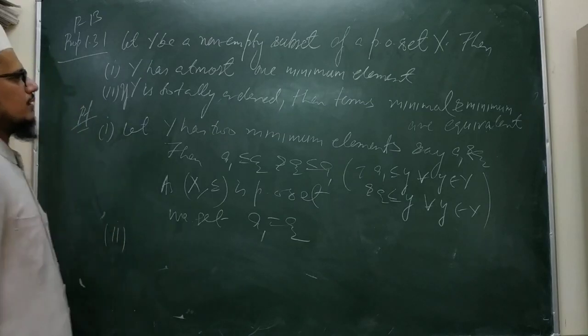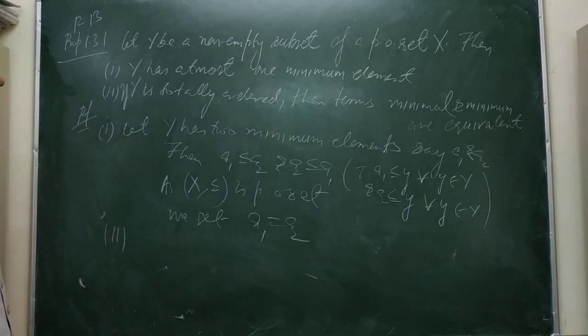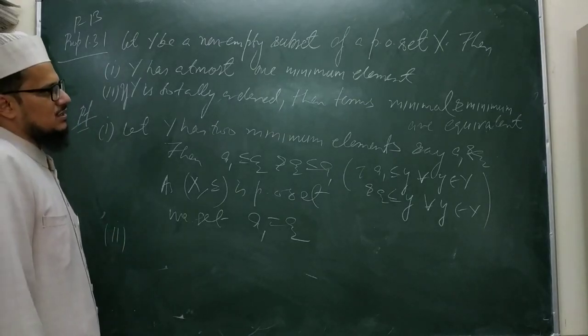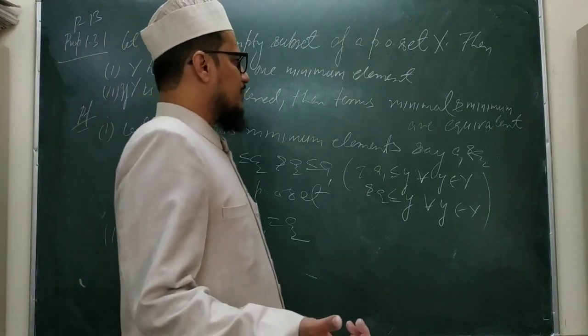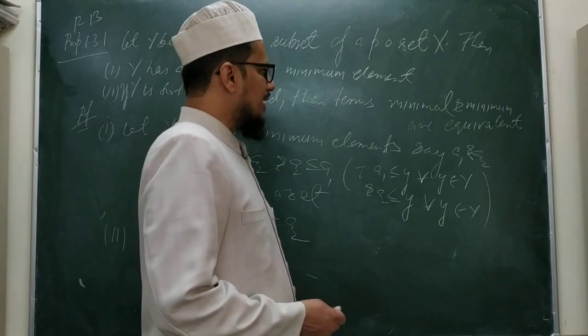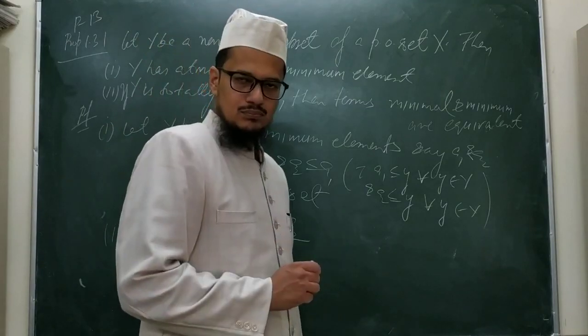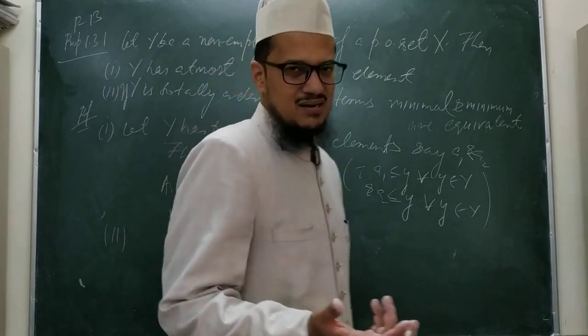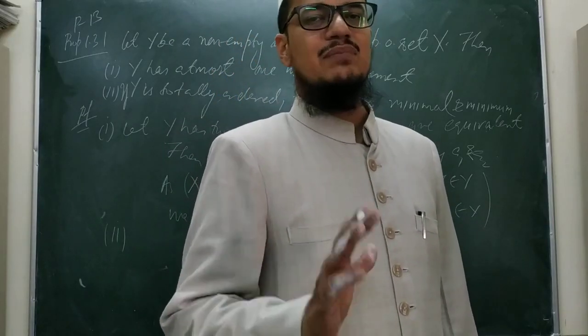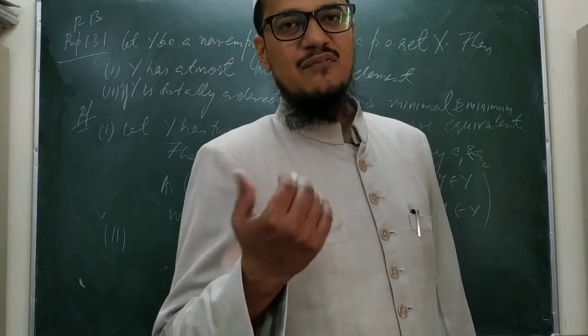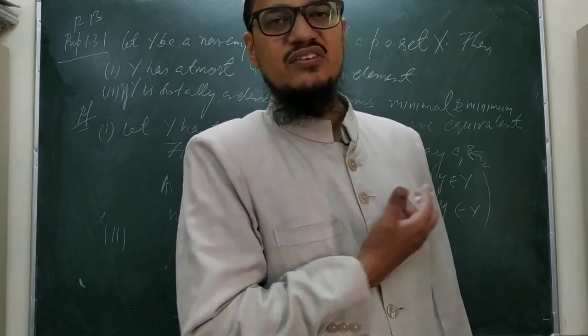What is the second part? They are saying that if Y is totally ordered, then the terms minimal and minimum are equivalent. See, we have already proved that every minimum element is minimal. It's true. It doesn't matter whether the set is partially ordered or totally ordered. In every case, every minimum element is minimal. We just have to prove the converse in this case.